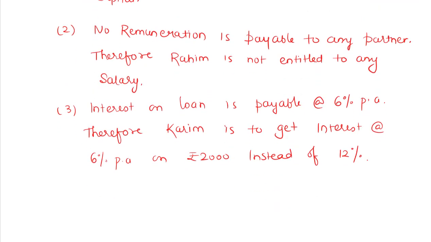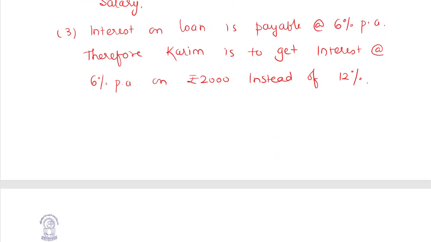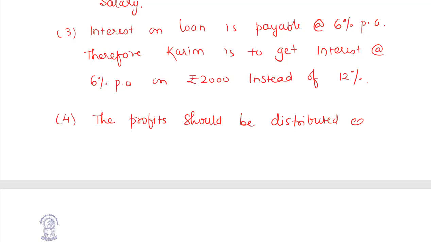Kareem demanded 12%, but 6% per annum is allowed. 12% is not allowed. Next, the profits should be distributed equally.